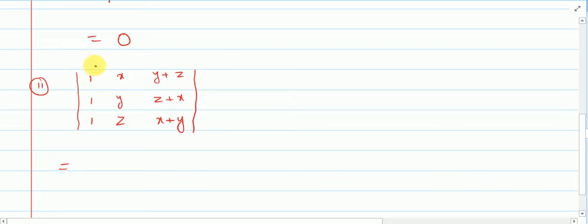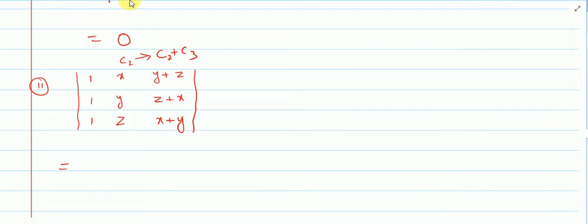if I add the second and the third column, I mean to say if I operate this, then what will happen?